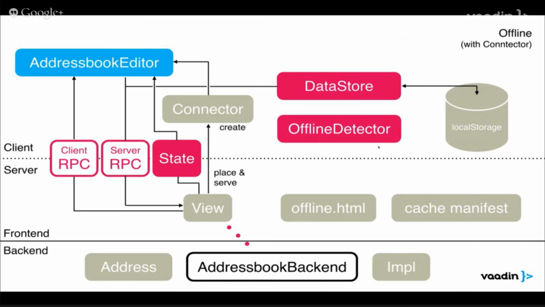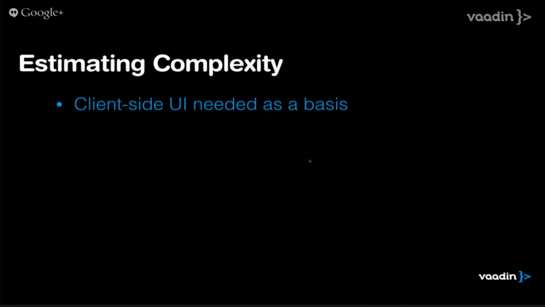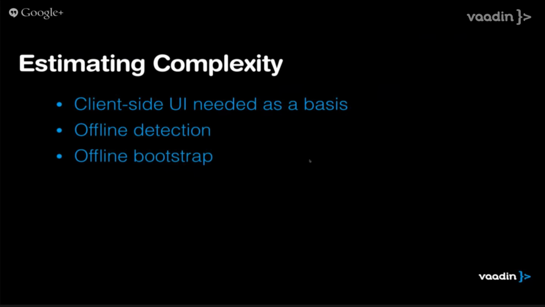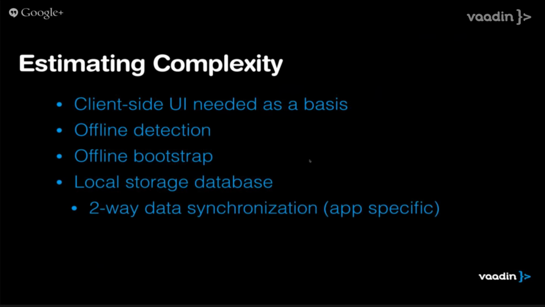And the question goes, what does it do for the complexity? So let's see. First of all, you need client-side UI as a basis. You add offline detection, offline bootstrapping, local storage, data synchronization, maybe use modification logs as we have done over here, as well as some kind of sharding logic.